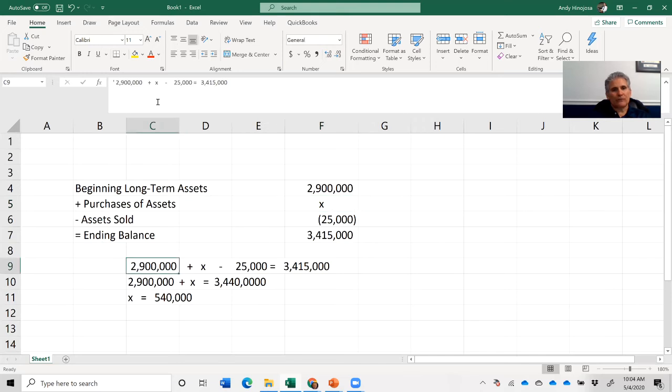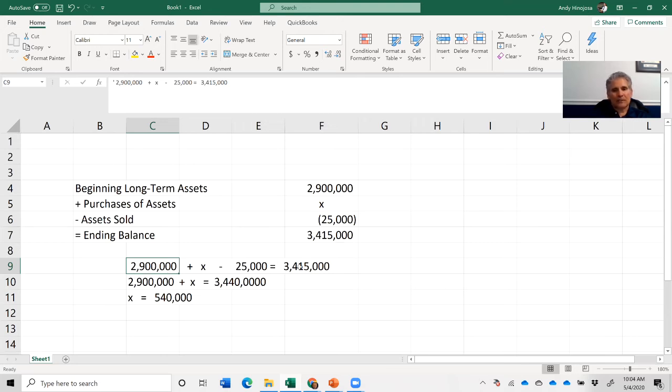So we put this formula together. $2,900,000, that's this number, plus X, which is this one, minus $25,000 equals $3,415,000.